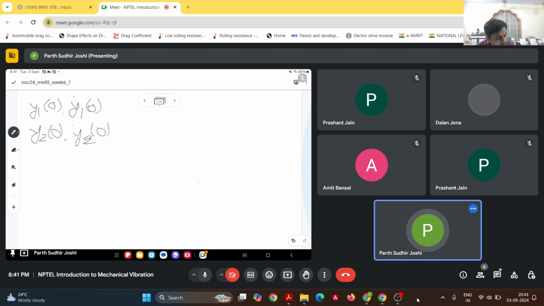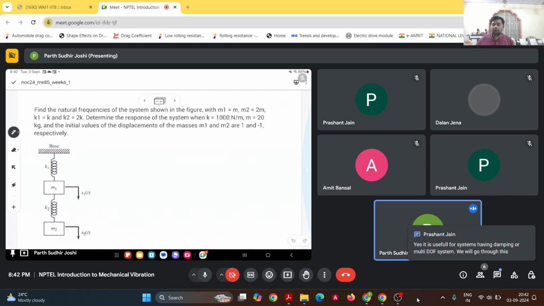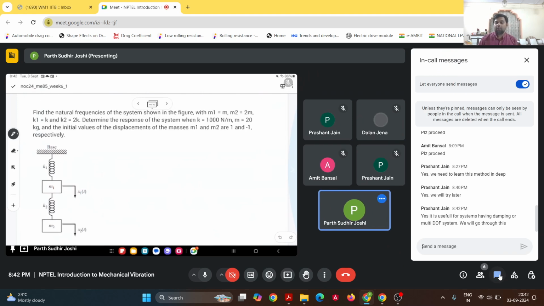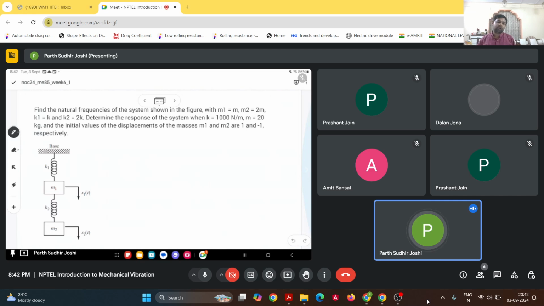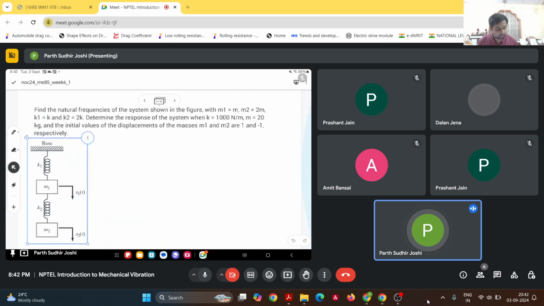So that's the overall approach to any multi degree of freedom system. Later on, if you want to extend it to a multi degree of freedom system, you can simply extend using the same notation and the method that I just described.